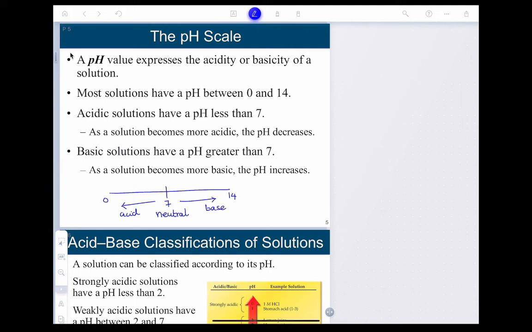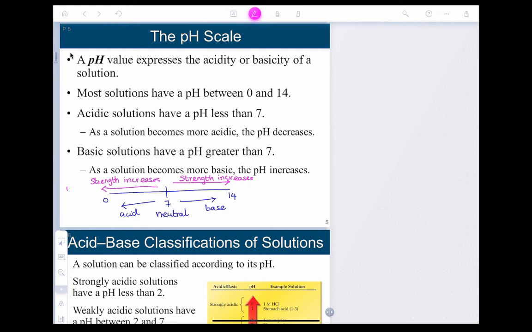Now, another thing I want to add here is the more you move towards the 0, the stronger is the acid. So I'm going to write this a little bit differently. Strength of the acid increases as you go towards 0. Now, strength of the base increases as you go towards 14.